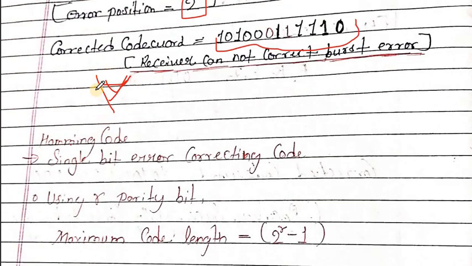This is a drawback of the Hamming code. If the error is more than a single bit, the Hamming code can't detect it and accepts the wrong string.